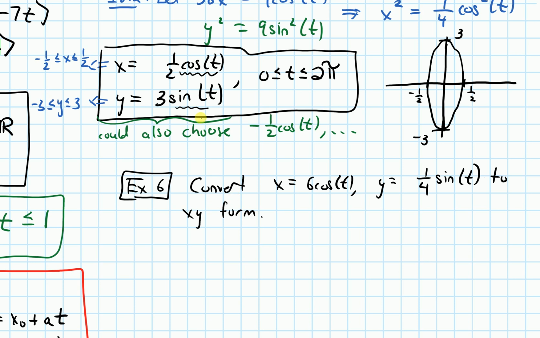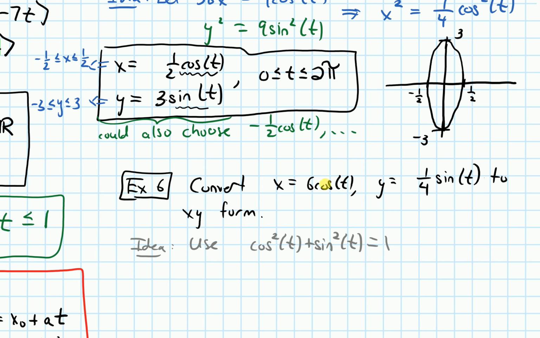So this looks ellipse-esque, like I have something times cosine t and something times sine t. So we're thinking that it might be an ellipse. So here is the idea that we can use. The common theme to all of these has been that cosine squared t plus sine squared t equals 1. If I want to convert this to xy form, I'm going to somehow have to get rid of this extra variable t.